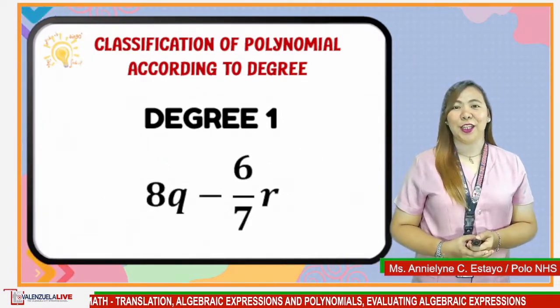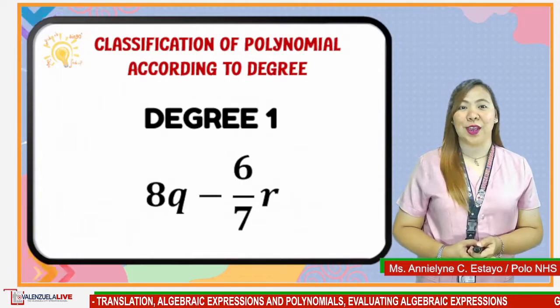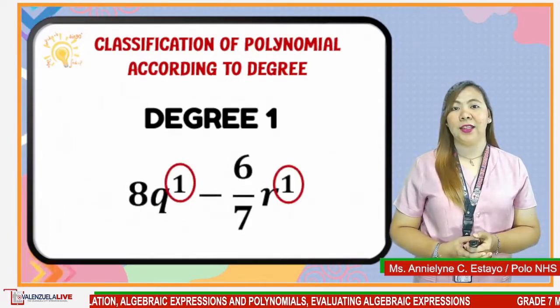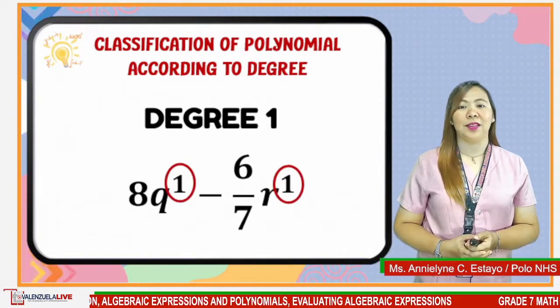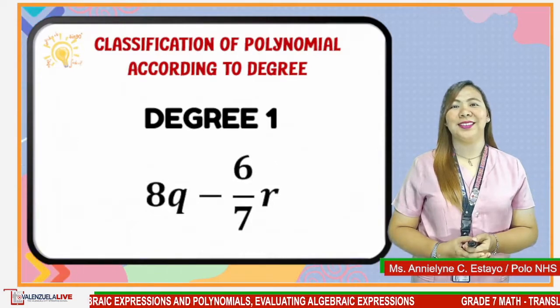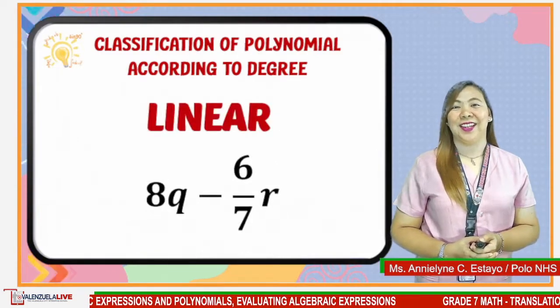In 8q minus 6 over 7r, since both terms have 1 as their exponent, it is also in the degree 1 and it is called linear.